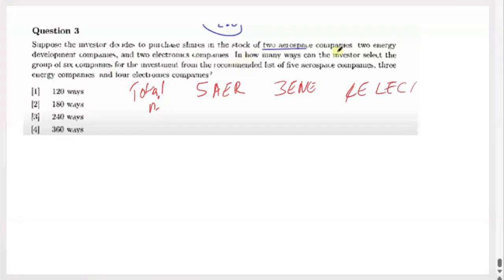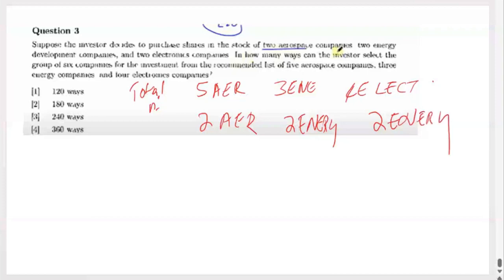Okay, but now the investor decides to buy 2 aerospace companies. So now you've got 2 aero, and then 2 energy, and then 2 electronics, out of the total of each.